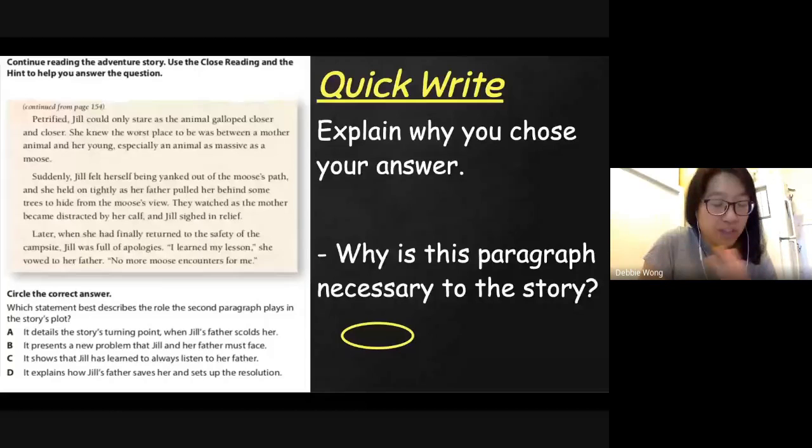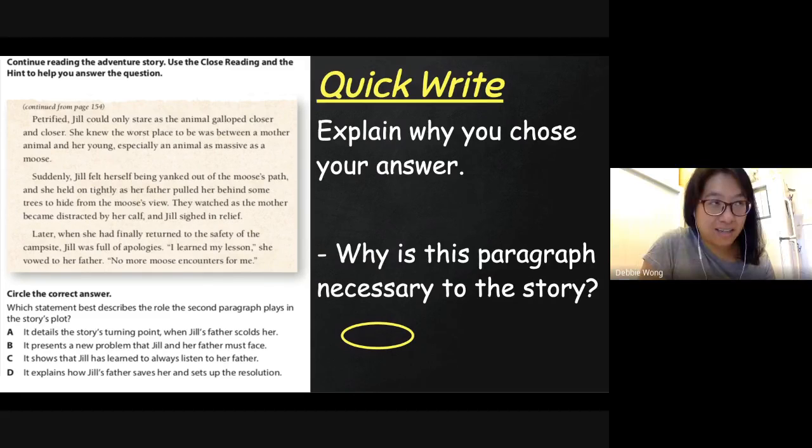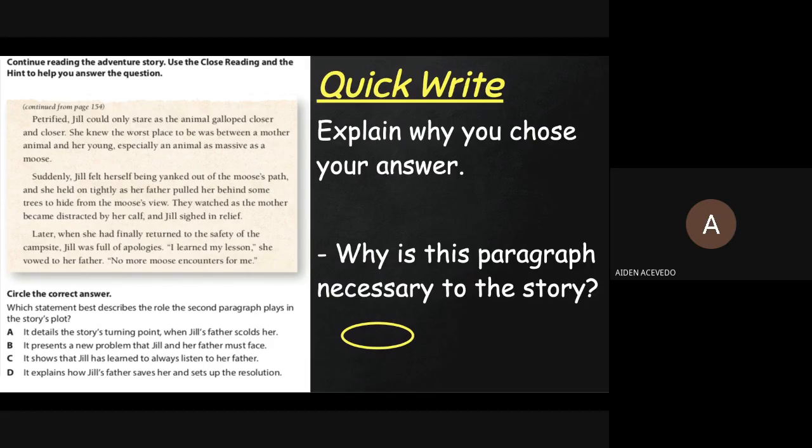You read the question. What did you do? You went back to the second paragraph. You read the second paragraph to yourself? Aiden? Hard for me to explain.